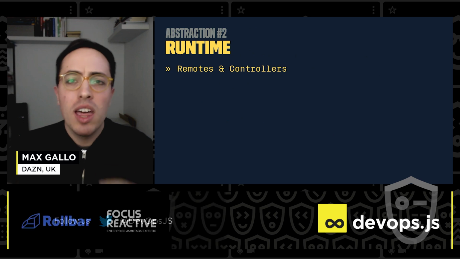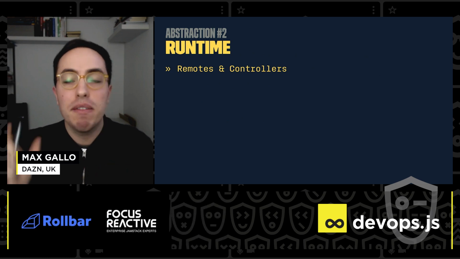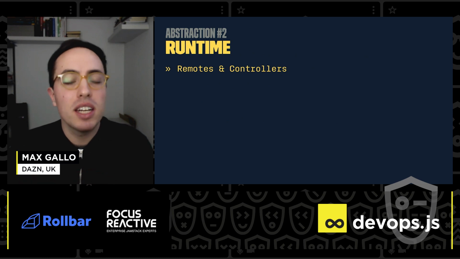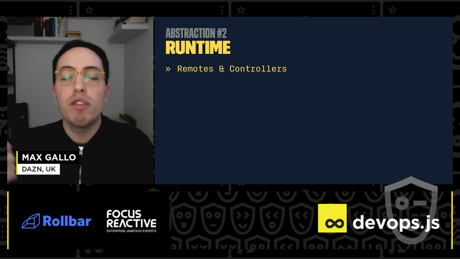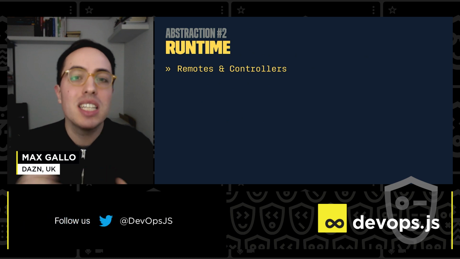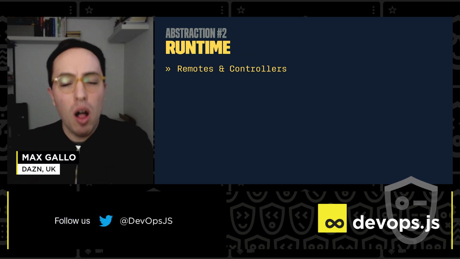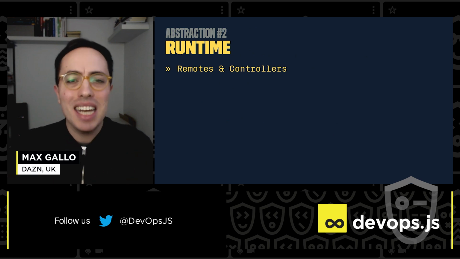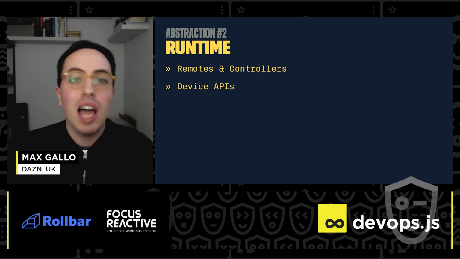And also, the developers who are building the features within the app do not care whether you're using it from a PS4 or from a TV. So abstracting these differences always goes in the direction of making teams autonomous. And if we extend that knowledge, all the device APIs are abstracted away in our runtime.